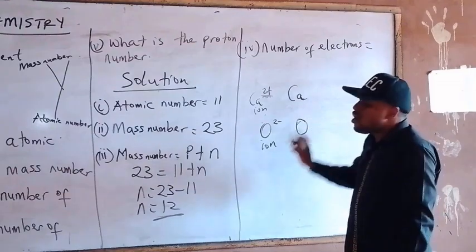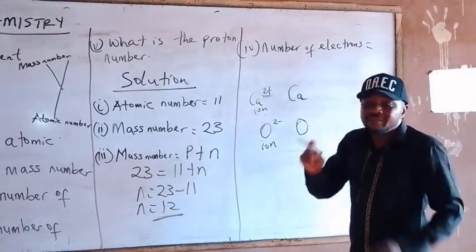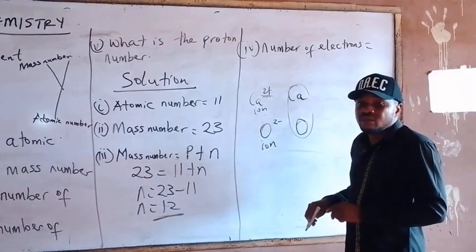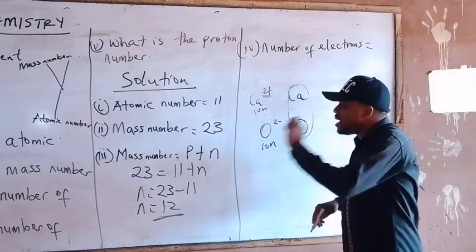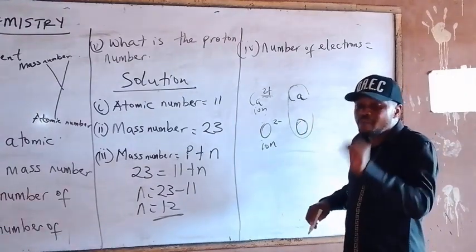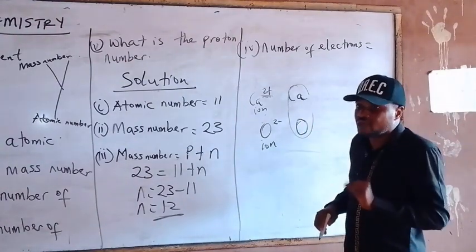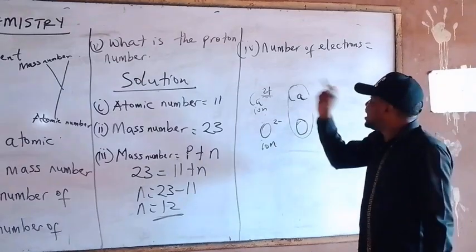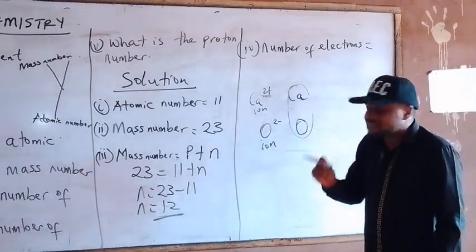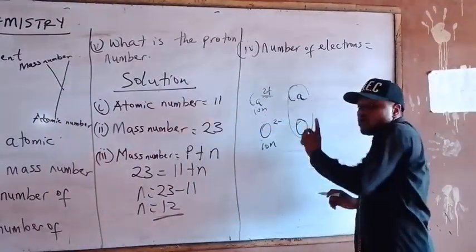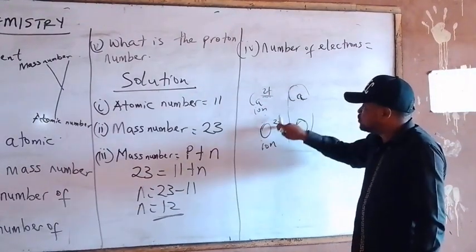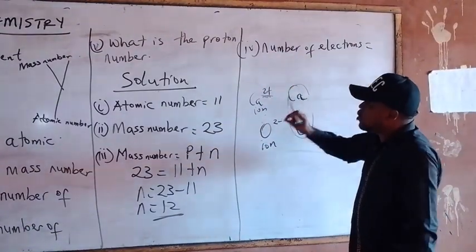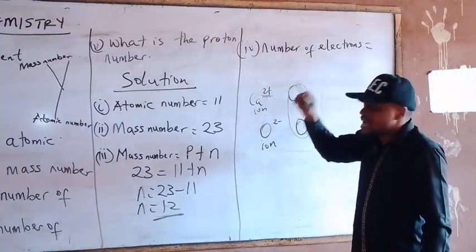Now, for a neutral element, that means an element that does not possess charge, the number of protons is equal to the number of electrons. Please take note. The number of protons is equal to the number of electrons for a neutral element.